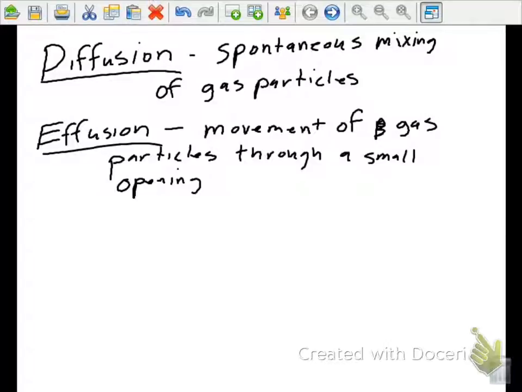So effusion is a movement of gas particles through a small opening. Alright? So, let me show you a little bit about what this entails, a model of this.